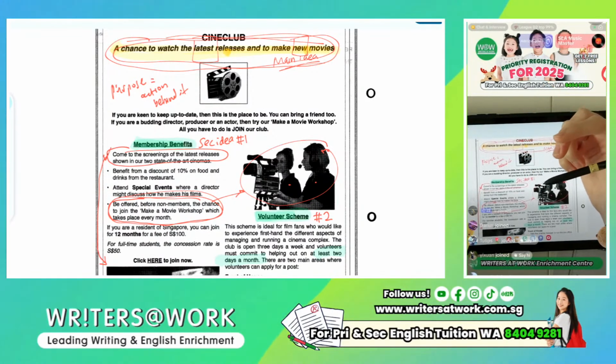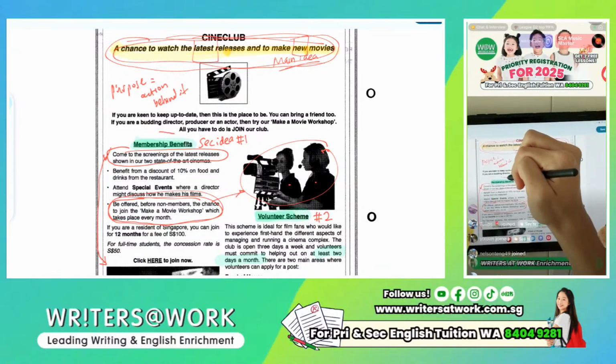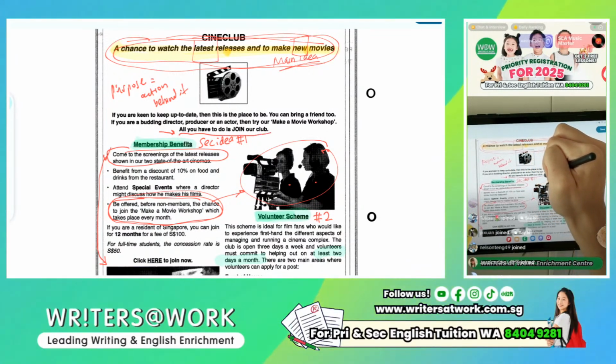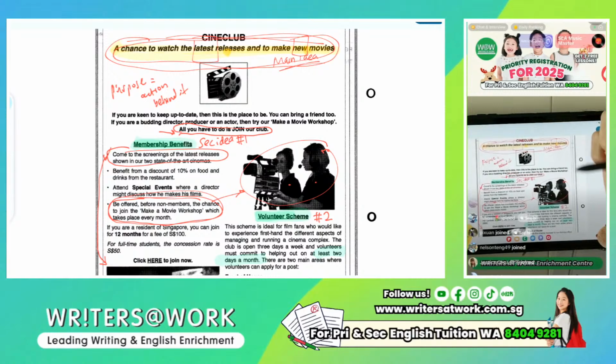Okay, so here this is the thing that we need to take note. All you have to do is to join our club. So you can see the main idea and the purpose, they are related. But if the question asks you for a purpose, the idea of action needs to be there. While your main idea of your poster may not have this action.